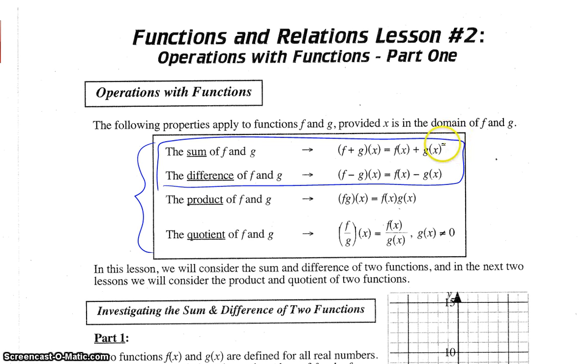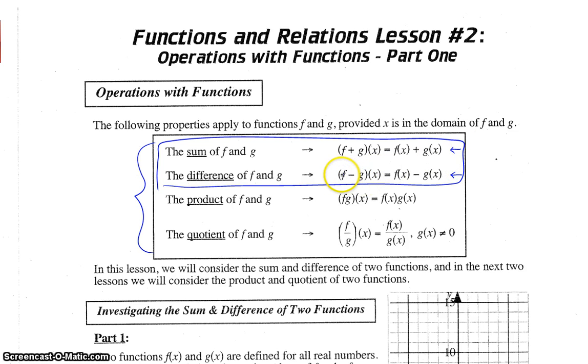Now, what you need to remember is this part of it. If you see something written like this, (f plus g) in brackets of x, not multiplied by x, but of x, that is the same as f of x plus g of x. Same idea with the difference.